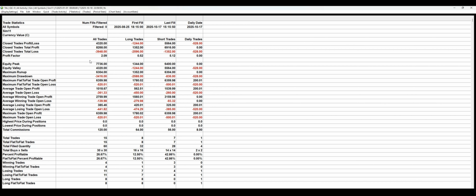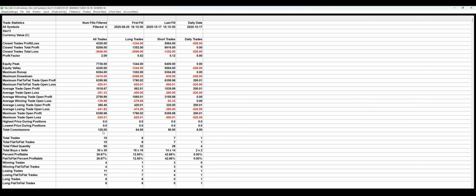We'll go back and take a look at that account momentarily. But we have a profit factor of 2. We had an equity peak of right at 8,000, equity value of 4,300, meaning that this system was never offside. We were never offside. Max drawdown of roughly 3,400.